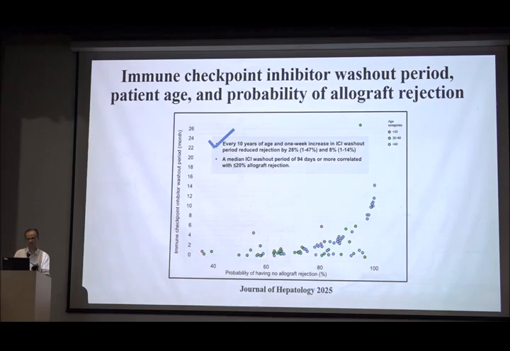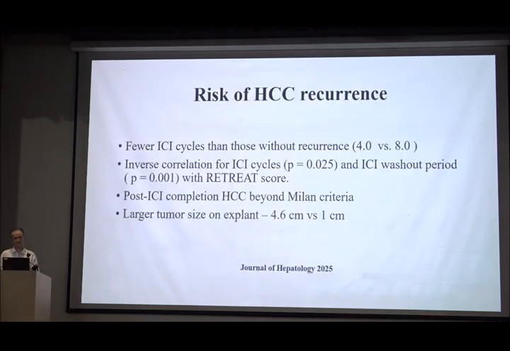So elderly patients actually have less rejection risk compared to younger ones. And every 1 week increase in the ICI washout period also reduced the risk of graft rejection by 8%. According to this meta-analysis, a 90-day washout period was the optimum one, so as to minimize the risk of graft rejection.